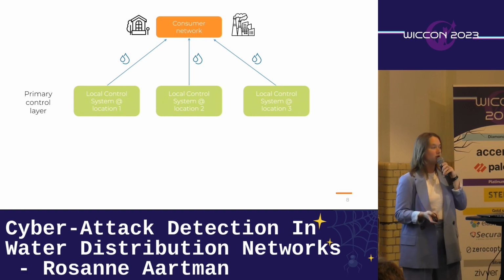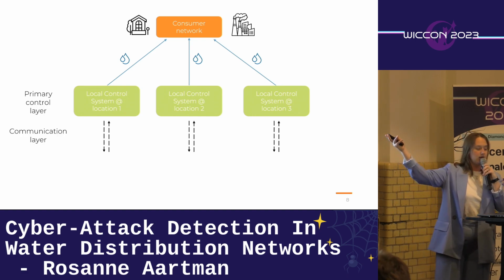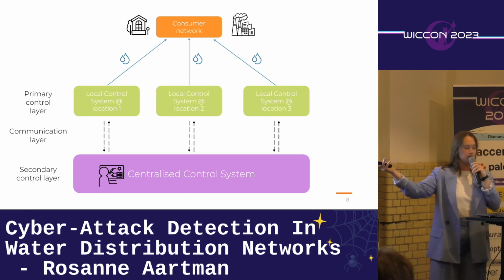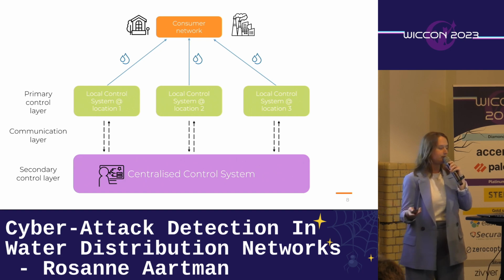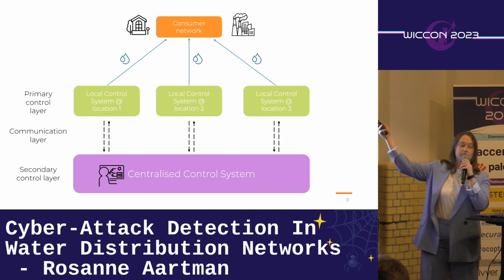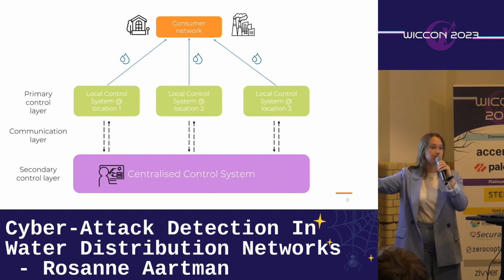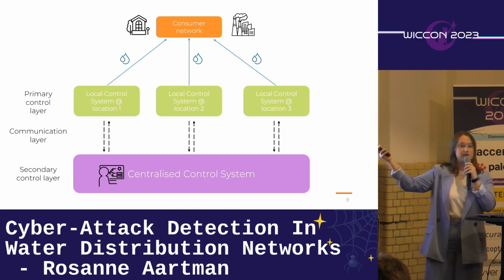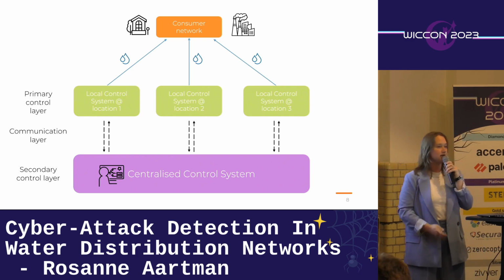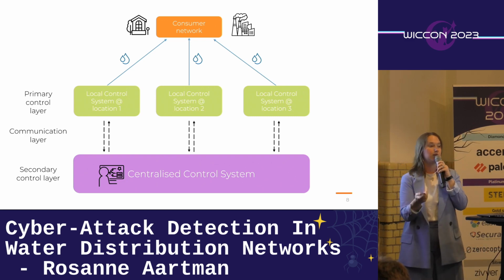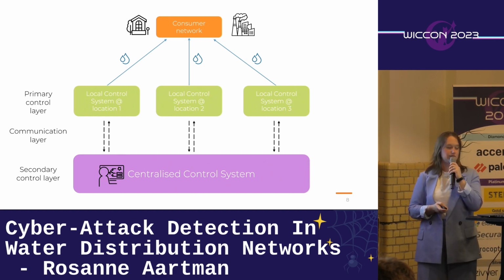The primary control layer is connected via a communication layer to our secondary control layer, which is the centralized control system. The local control system sends its measured data to the centralized control system, and the centralized control system sending control inputs, for example, as turning pumps on or turning pumps off, or closing or opening valves.